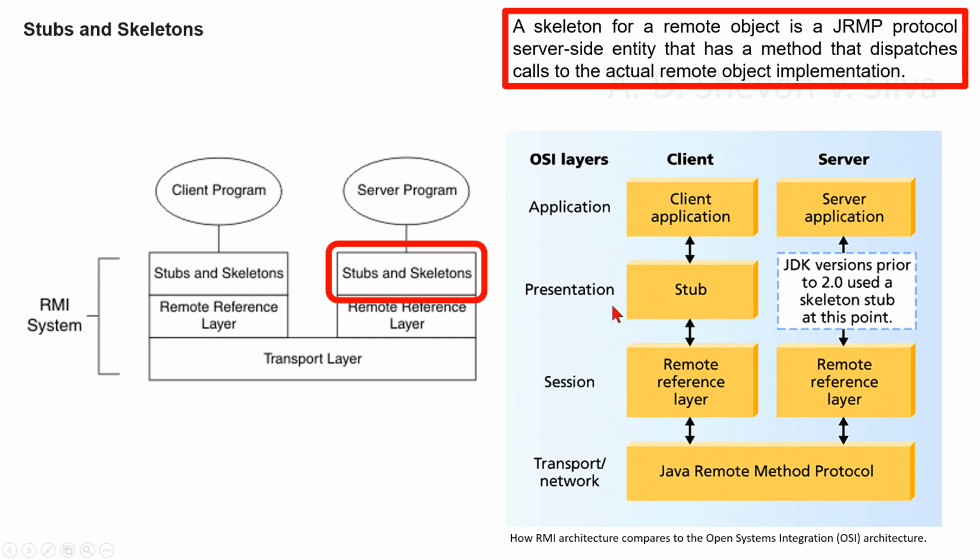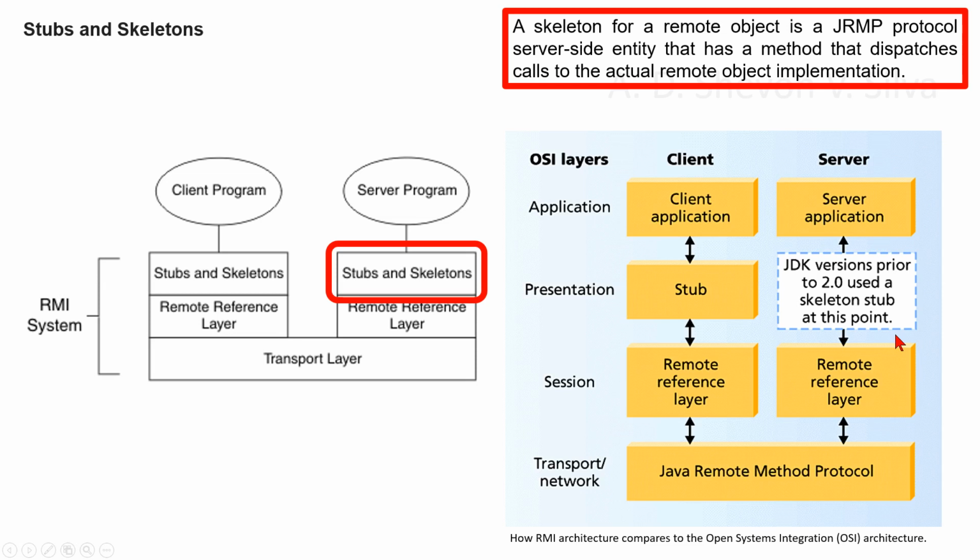The skeleton communicates with the stub, except in Java 2.0 or higher, which has no skeleton. Once it obtains a reference to the remote object, the client can invoke it and receive the arguments of the operations allowed.